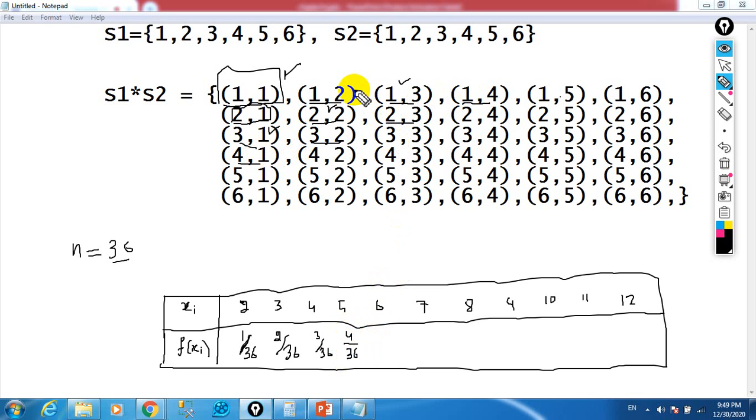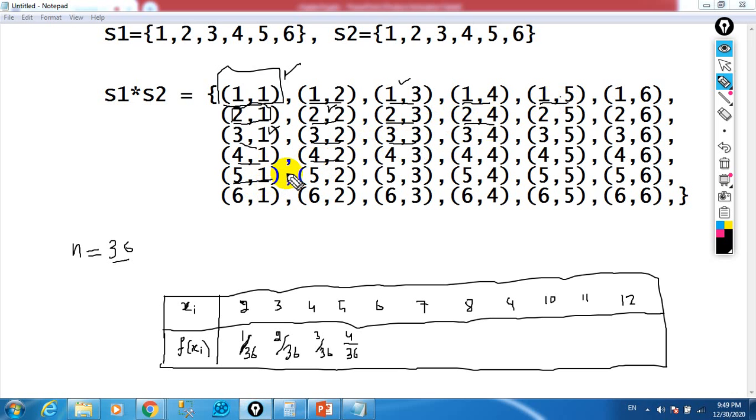6: when we add what the answer will be 6. 1 and 5, the answer will be 6. 2 and 4, the answer will be 6. 3 and 3, the answer will be 6. When we add 4 and 2, the answer will be 6. When we add 5 and 1, the answer will be 6.